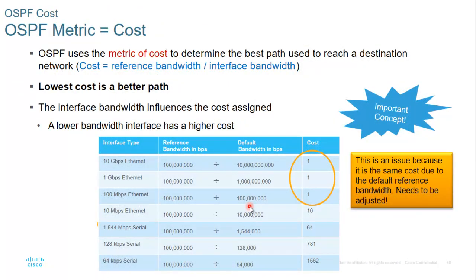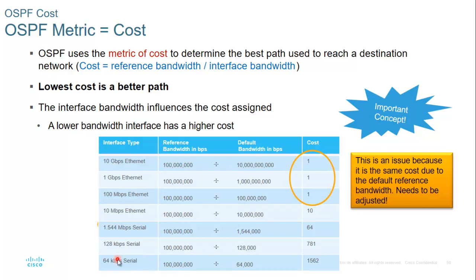Let's talk about metric. OSPF uses cost to determine the best path to a destination network. Cost is given by a reference bandwidth divided by the interface bandwidth. The lowest cost is a better path. The interface bandwidth influences the cost assigned. The lower the bandwidth of the interface, the higher the cost.